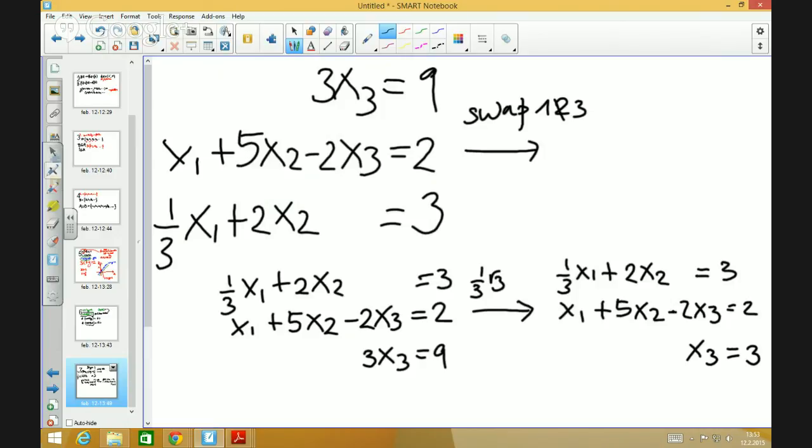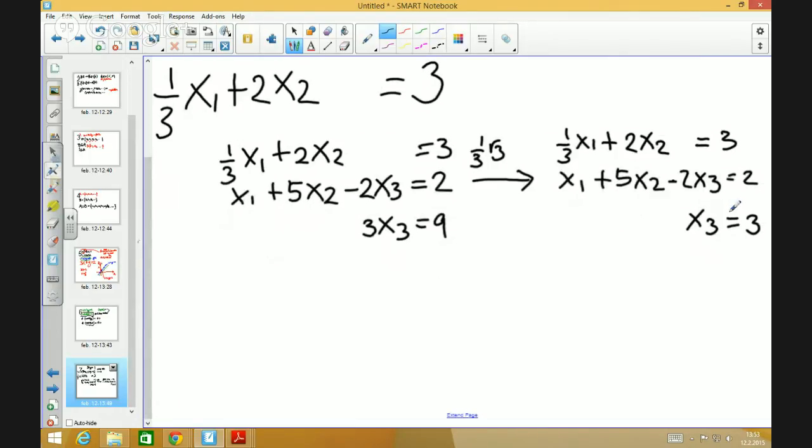We can add to the second equation 2 times the third row. I think I will let you continue afterwards at home. So I take 2 times the third row, and I add it to the second one. If I do that, I will have removed the x3 there.